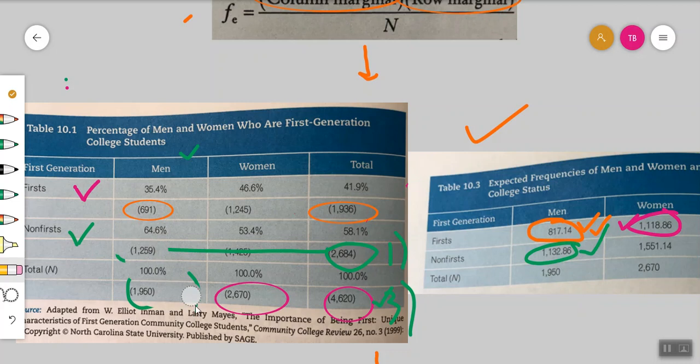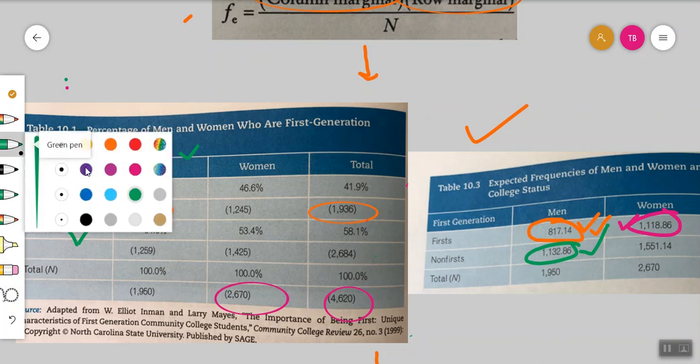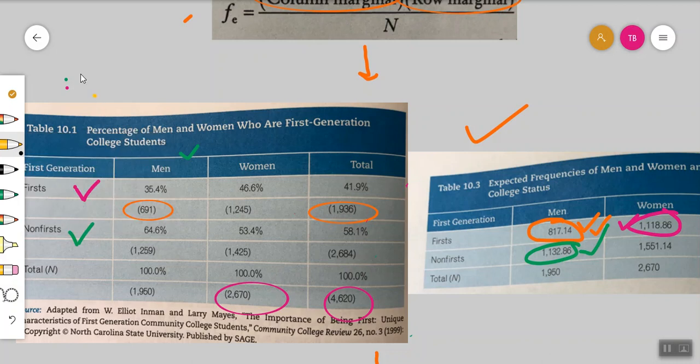And really, for any problem you're doing, you're going to do this no matter how many rows or columns there are. So for this one, it's a 2x2. So we're going to go through and do it like that. Okay. Let's go ahead and do yellow. Okay. So let's do non-first generation women. So this is the number we're going to be looking at.